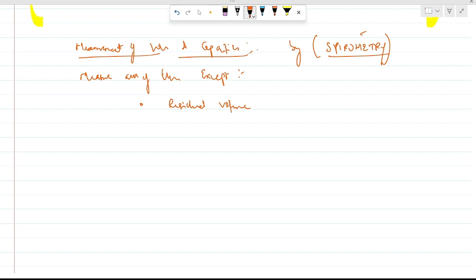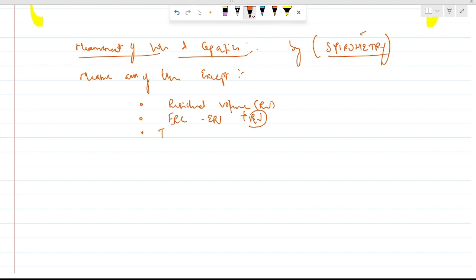Now, in the capacities where residual volume is included, those can't be measured. Residual volume is included in FRC, which is expiratory reserve volume plus residual volume. As residual volume is included here, FRC can't be measured.